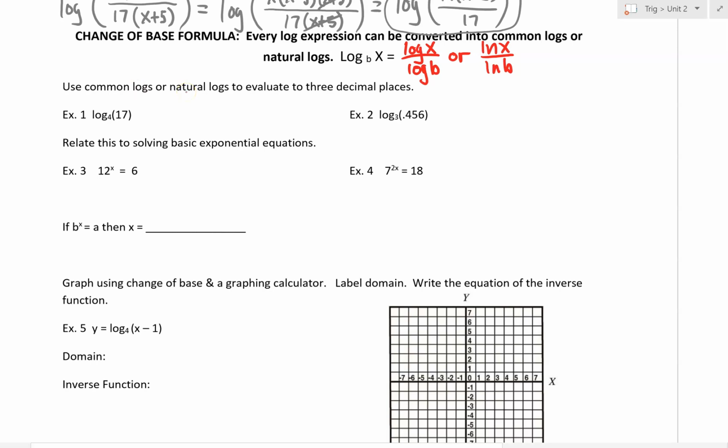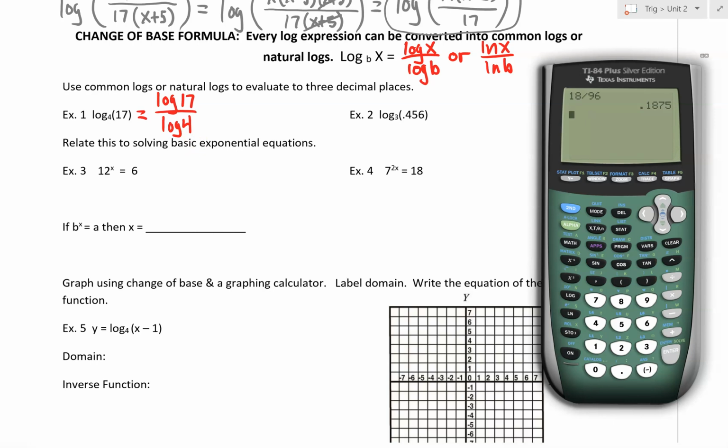Use common logs or natural logs to evaluate to 3 decimal places. So for this first one, I'll use log for the first one, log 17 over log of 4. So I'm going to need my calculator for this. I'm going to say log of 17 divided by the log of 4.